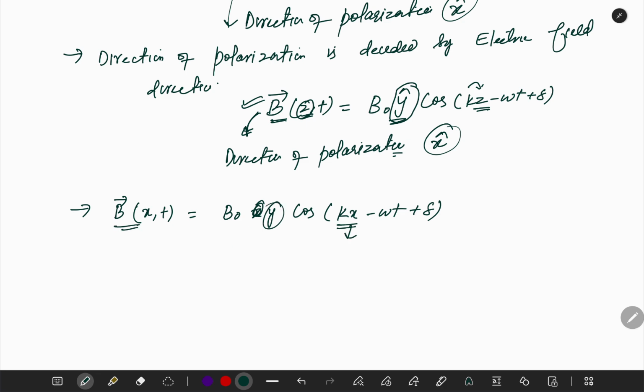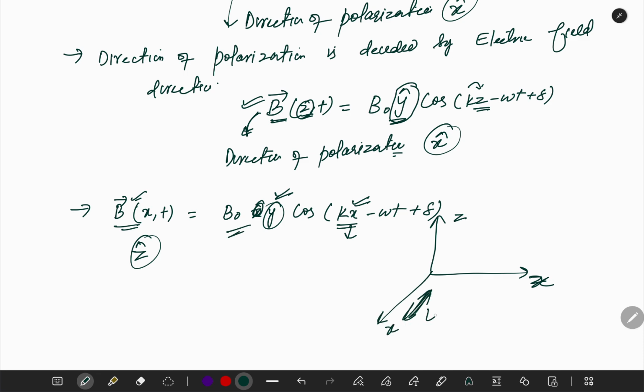What is the direction of polarization? It is z cap, because B is along y and propagation is along x. So this is the propagation x. Let's say this one is z, and it is a magnetic field. The electric field would be varying along the x direction. This is the x-axis, so there would be z. This would be the z-axis.